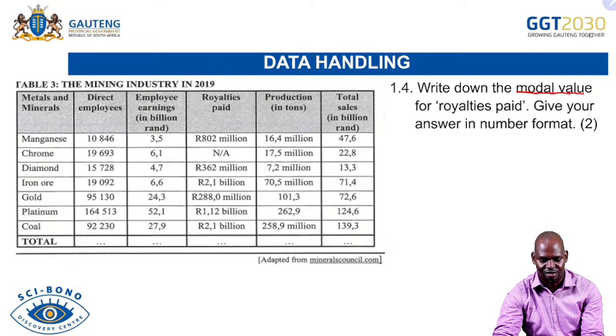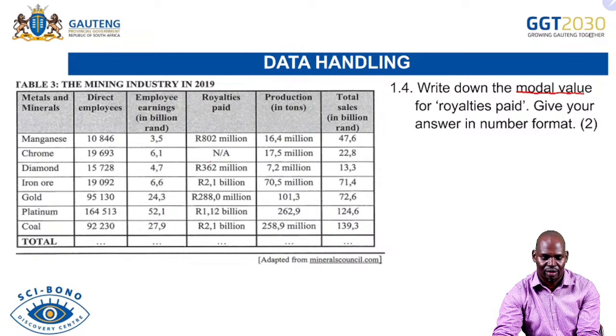Now which value appears the most there? If you look at 802 million, there's only one value there, right? 362, there's only one value there. 2.1, there's two of them. Then 288 million, there's only one.